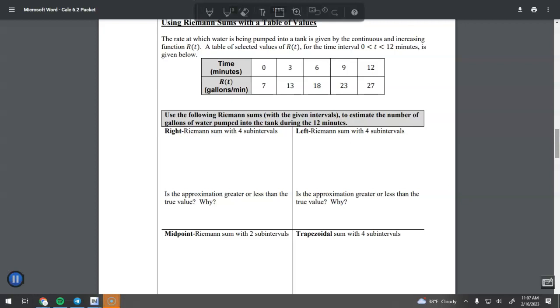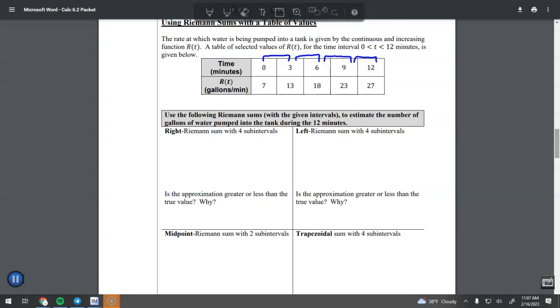So, if I'm doing this one, right-hand sum with 4 subintervals. I've got 5 data points there. My intervals become 0 to 3, 3 to 6, 6 to 9, and 9 to 12. So if I'm doing a right-hand sum for this one, first of all, let me back up. If I integrate gallons per minute, what do I get? Gallons.